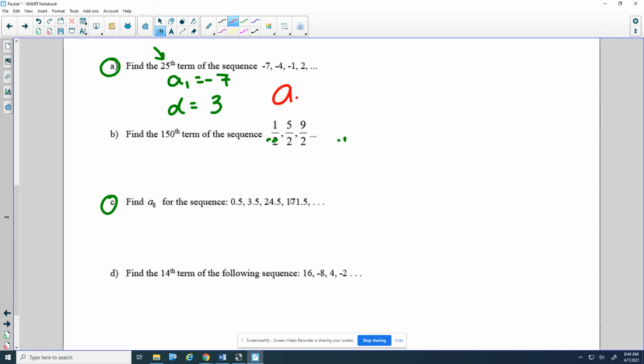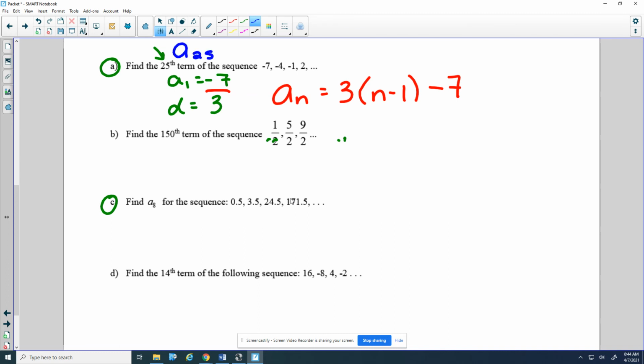So the formula for this is d times n minus 1 plus a sub 1. So we have 3 as d, that's like our slope, shifted over, n minus 1, and then my a sub 1 is -7. So now if I say I want to find the 25th term, I'm asking for a sub 25.